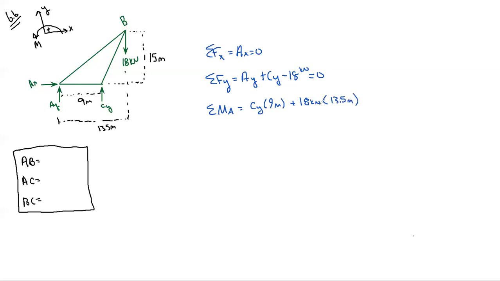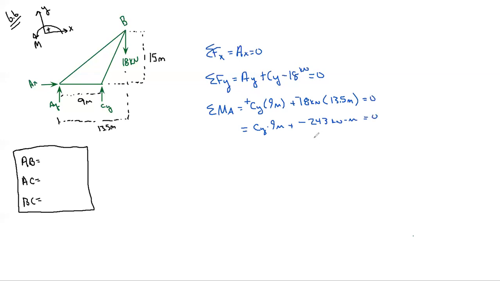If the moment is taken about point A, CY provides a counterclockwise rotation, which would be in the positive direction, and the 18 kilonewton one would be in the negative direction. It's clockwise. Performing the indicated arithmetic, CY times 9 meters plus negative 243 kilonewton meters is equal to 0.